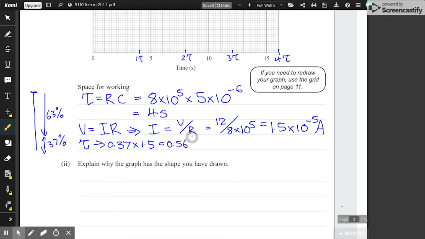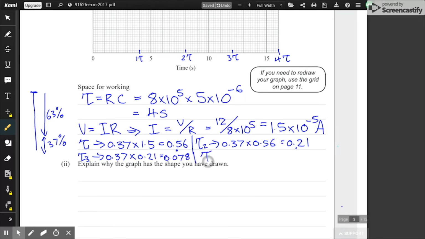Okay, for our second time constant, we're going to have 37% of that, so 0.37 times 0.56, which gives me 0.21. For our third time constant, we're going to have 0.37 times 0.21, which gives me 0.078.